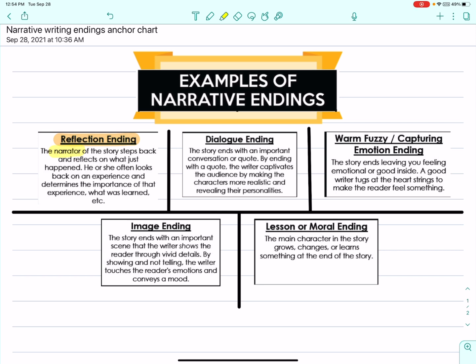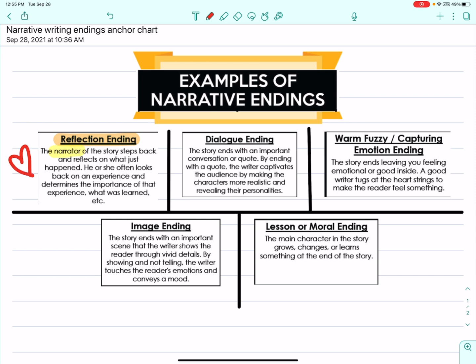So your character is telling the story. So it would be your character stepping back at the end of the story and reflecting back on what happened. It says he or she often looks back on an experience and determines the importance of that experience or what they learned. So this would go beautifully with the heart of this story.